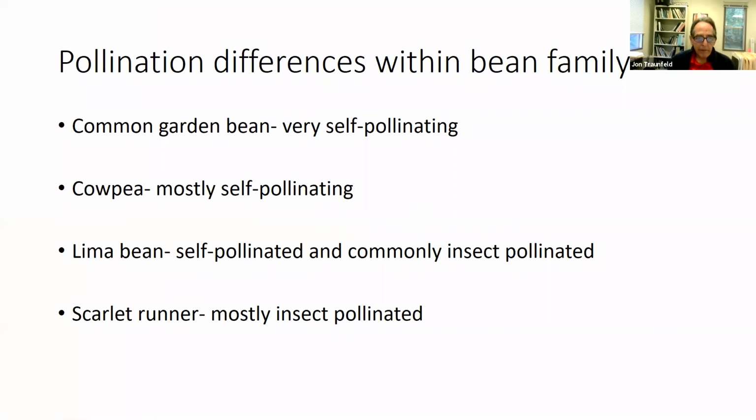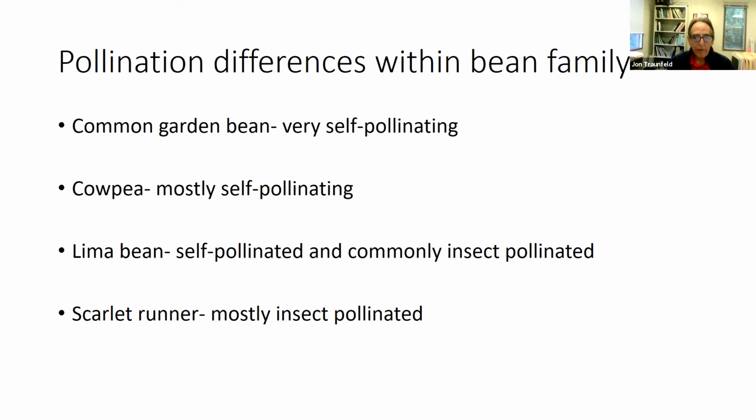Okay, but there are differences, right? Common garden beans, Phaseolus vulgaris, is very self-pollinating. Even though I mentioned that, some enterprising bees could cut through the unopened flowers and actually deposit pollen inside the flower before it's opened.